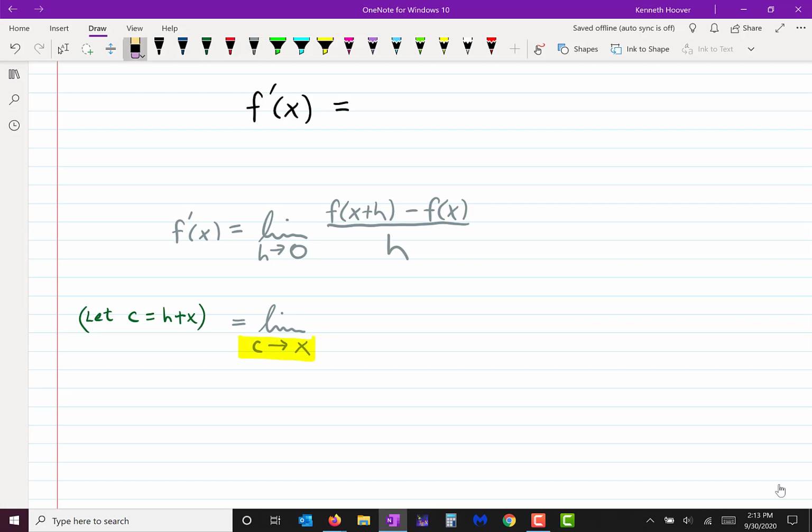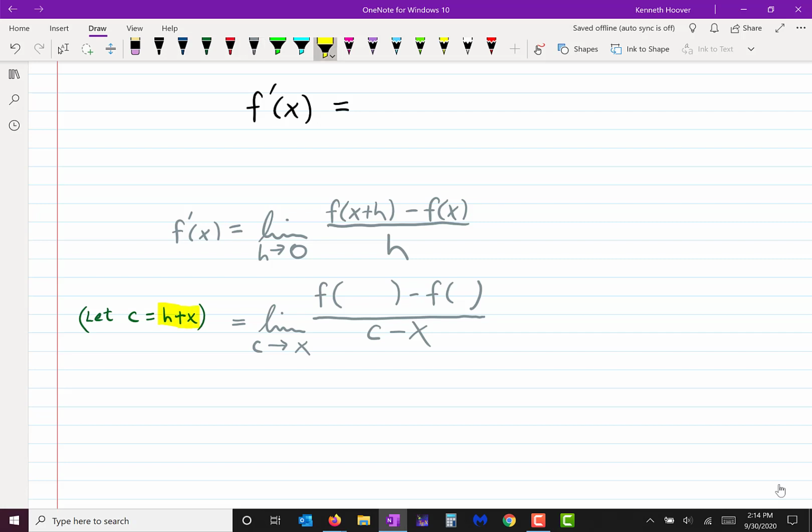Now, I see another h on the bottom of the fraction. And I said every h can be replaced with c minus x, so I'm going to replace that h with c minus x. Let's look at the top. I have f twice with two different things inside. In the first f, what do I have inside? x plus h.